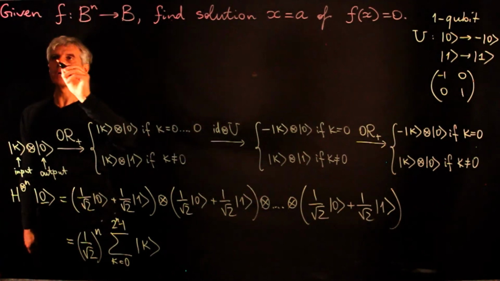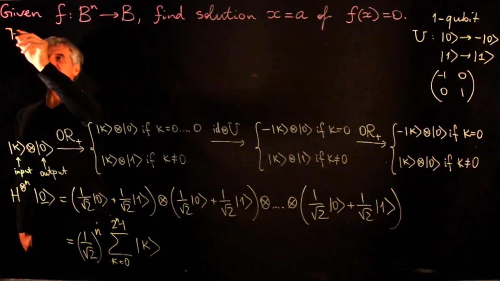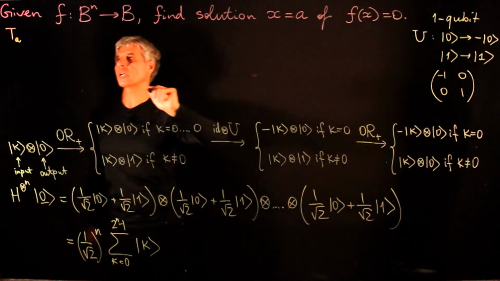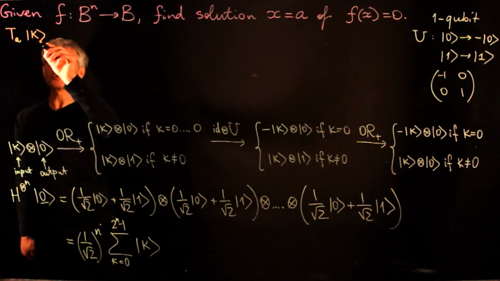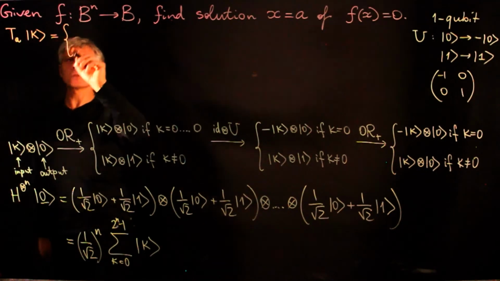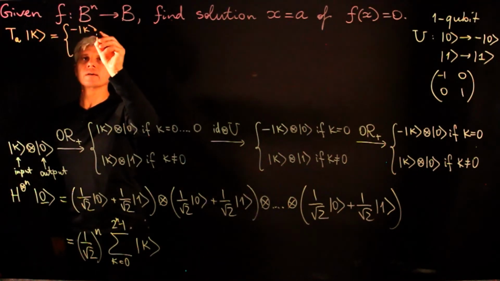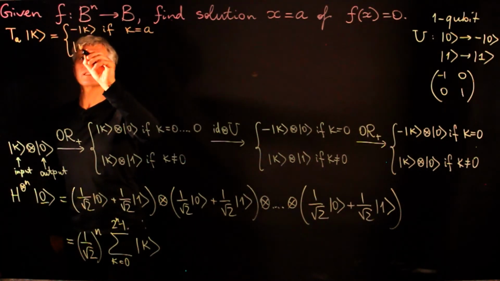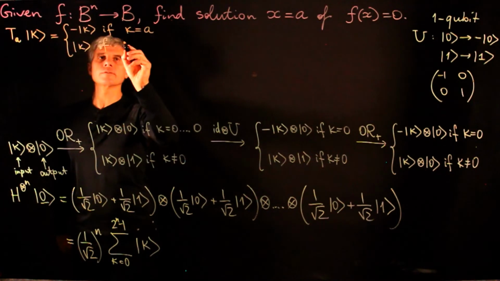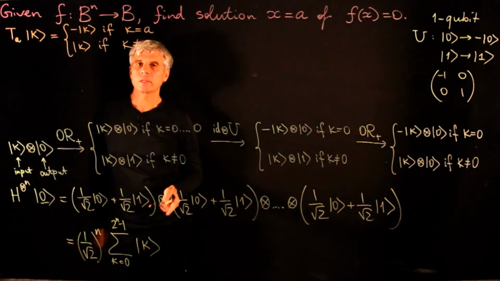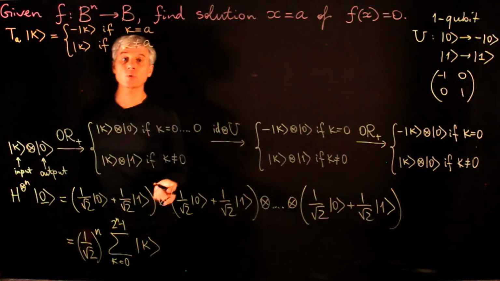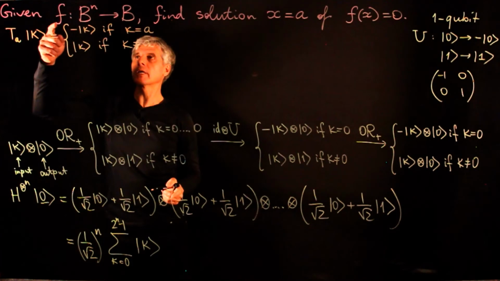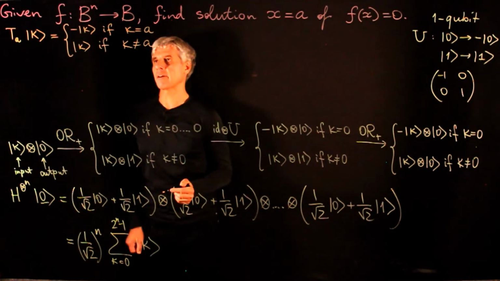The next reflection that we need to construct is the reflection TA, which corresponds to this unknown integer a. TA applied to input k is going to be minus k if k is equal to a, and it will be just the input itself if k is different from a. It turns out that in order to construct this reflection, we don't need to know a, but all we need to know is this function f.